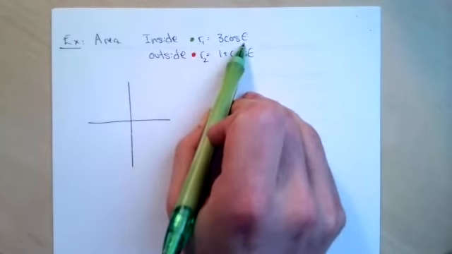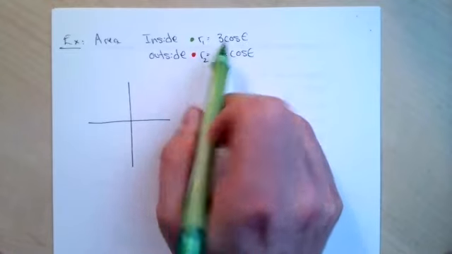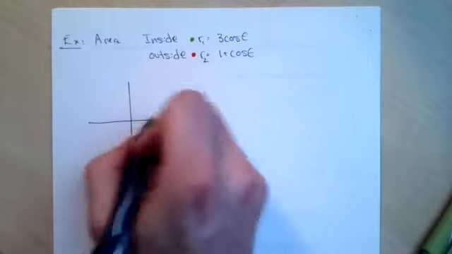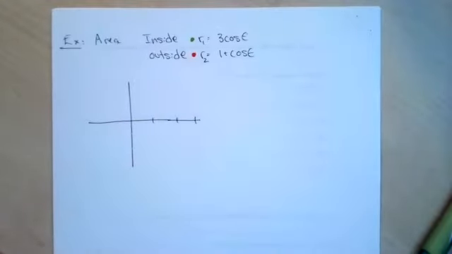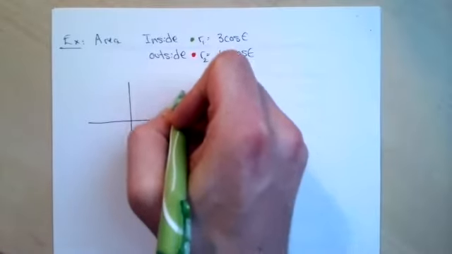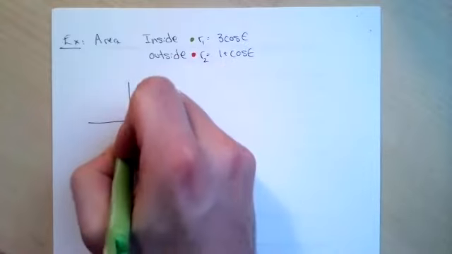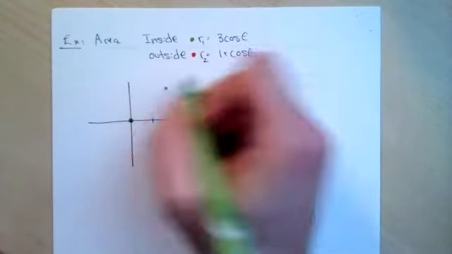When theta is 0, cosine of 0 is 1. So our value is going to be at 3. Then as we rotate around, at pi over 2, we'll be at 0. So at pi over 4, we'll be somewhere up here.